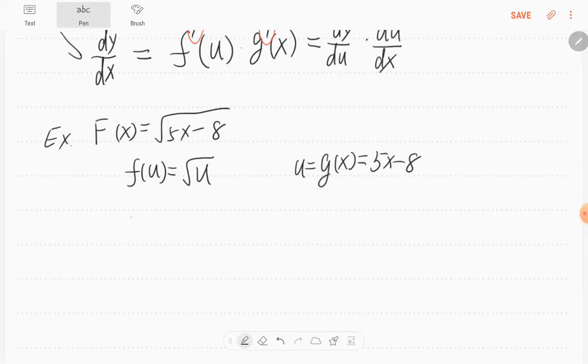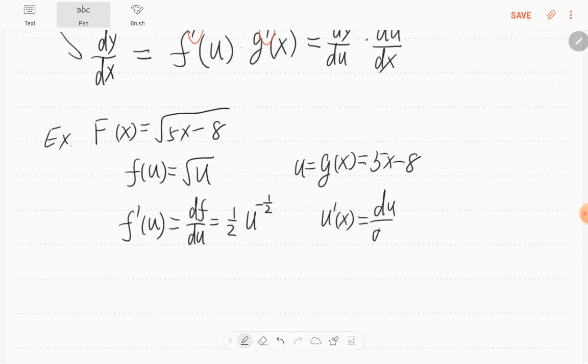So f prime of u, which means df over du, is one half u to the negative one half, using the power rule. And u prime, which means du over dx, is 5.